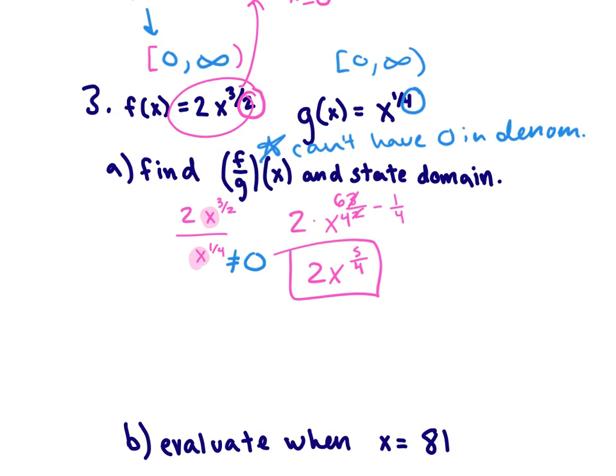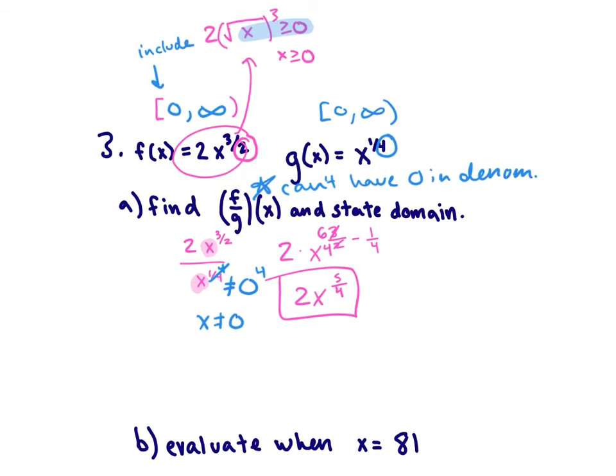By 4. Not multiply. If 1/4 is our exponent, we raise both sides to the 4th power. So this cancels. So we have x cannot equal, what's 0 to the 4th power? 0. So x cannot be 0. So we said here it was included, but x can't be 0. So we have to use a parenthesis because it's not included. So 0 to infinity.